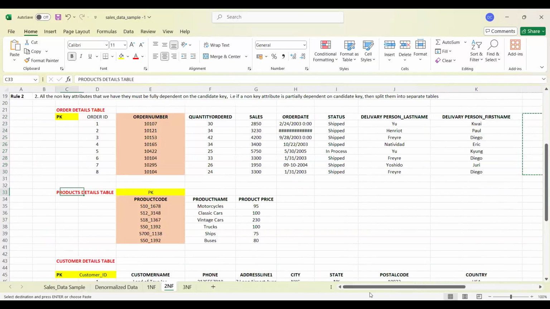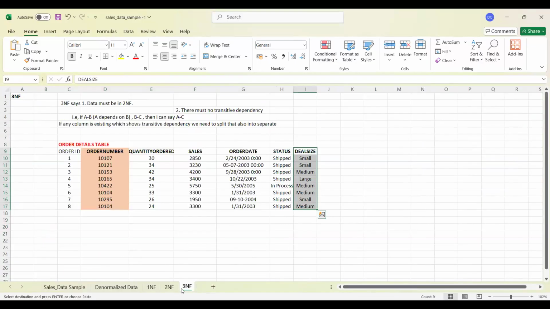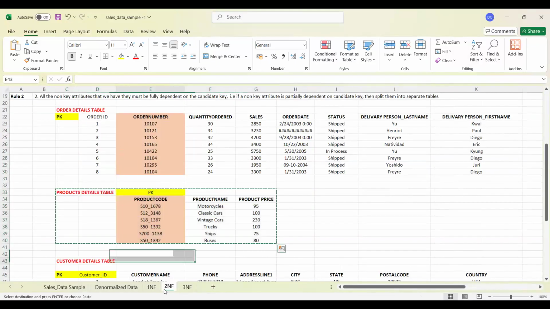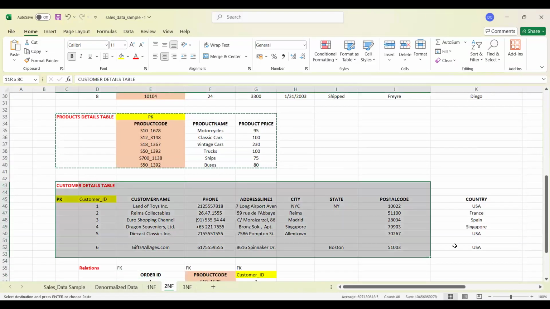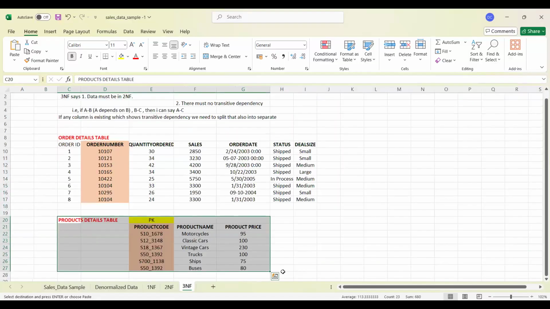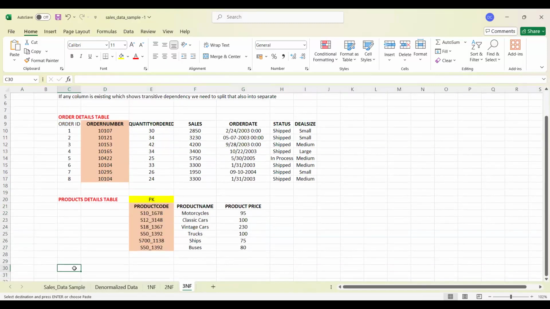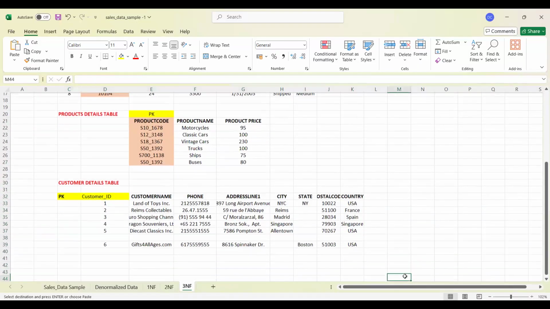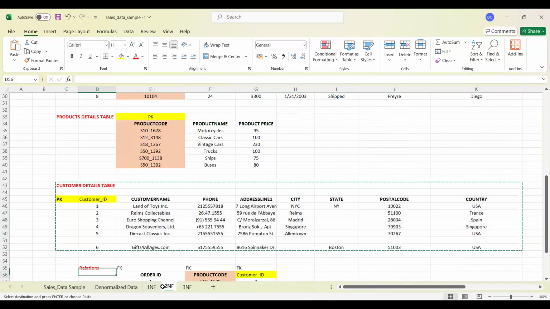Now this will be my second table. This is our first table, order details. This is our second table, product details. And this is our third table, customer details. And definitely we need to keep this relation stable also.